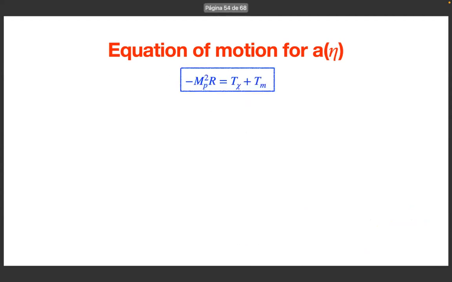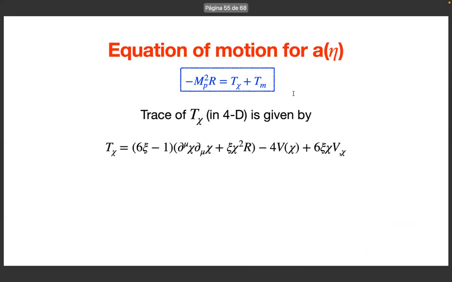And we can also use this to tell what the Ricci scalar is if we just take a volume average of the trace part of the energy-momentum tensor. So I now write down the trace of the energy-momentum tensor for a non-minimally coupled field in 4 dimensions. It is given by this expression.